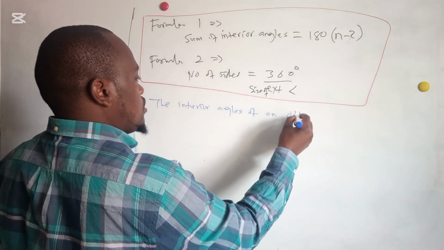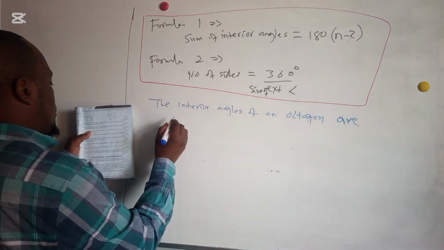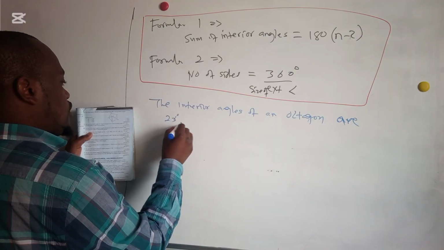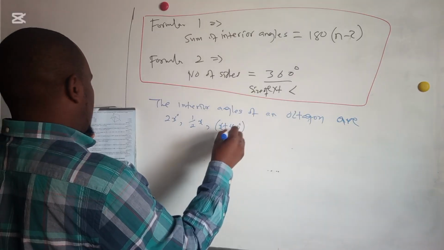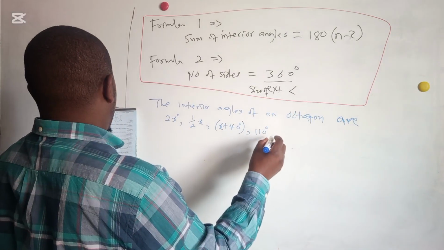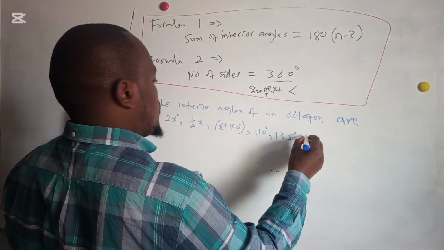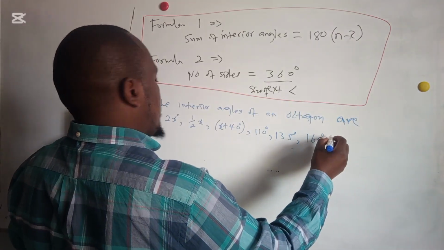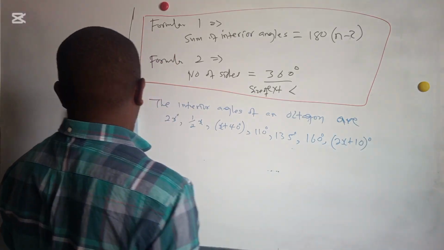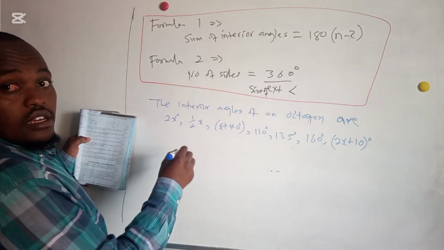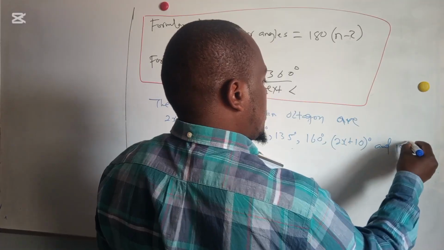of an octagon are 2x degrees, a half x, x plus 40 degrees, 110 degrees, 135 degrees, 160 degrees, 2x plus 10 degrees, and 185 degrees.